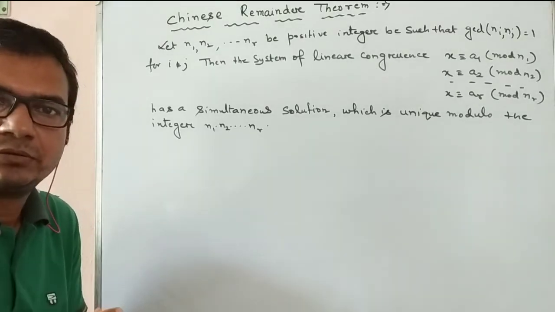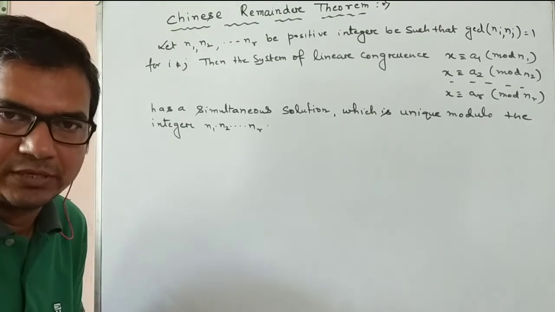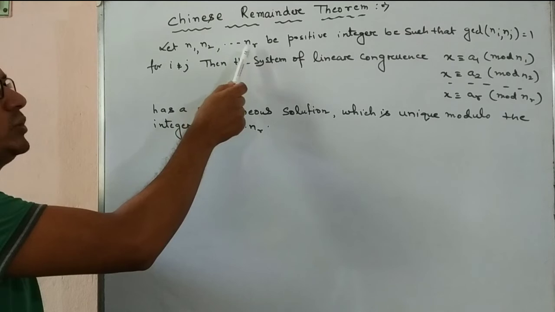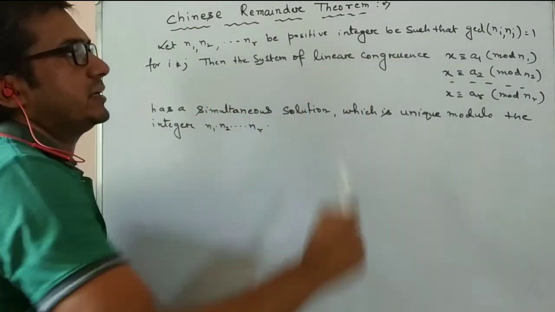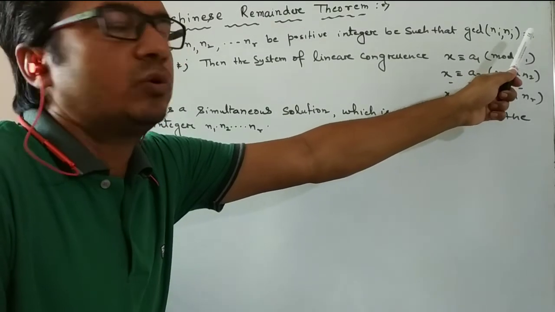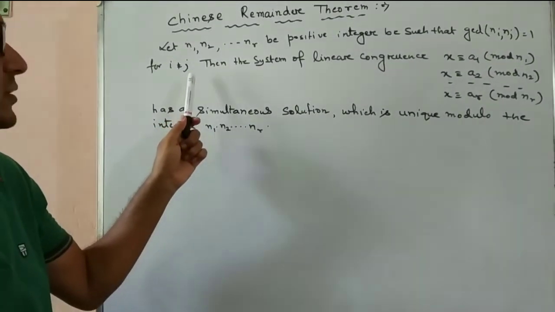The statement of the Chinese remainder theorem is: let n1, n2 to nr be positive integers such that GCD of ni, nj equals 1 for i not equal to j.